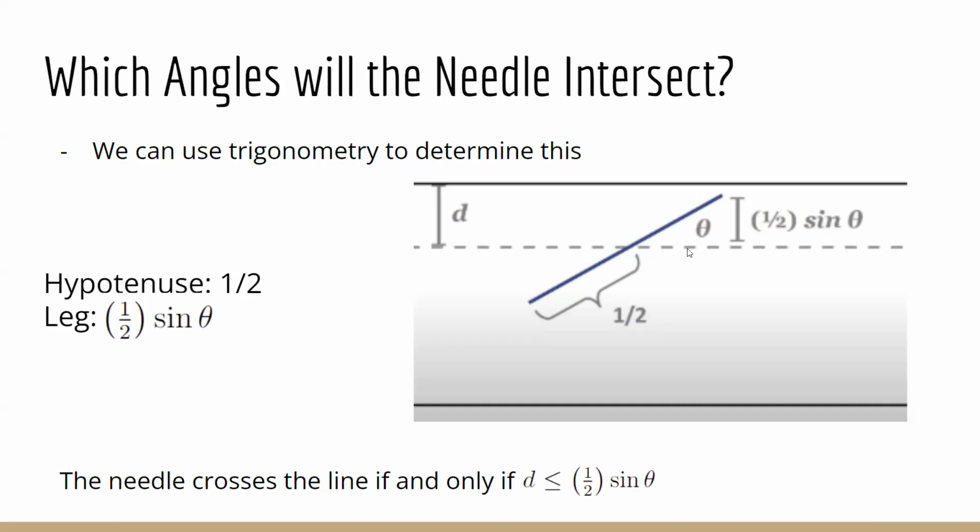We also know that this angle right here is theta. So we can determine that this leg, by using SOHCAHTOA, is 1/2 sine theta. So we can see that the needle crosses the line, and that line is this line up here, if and only if d is less than or equal to this value right here.